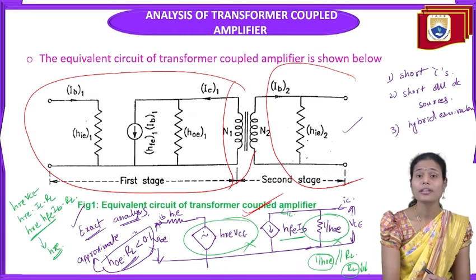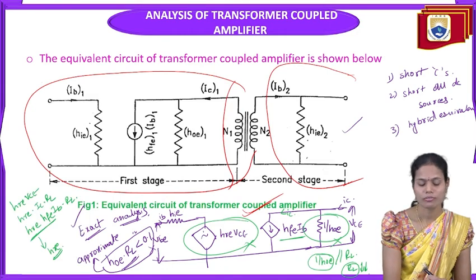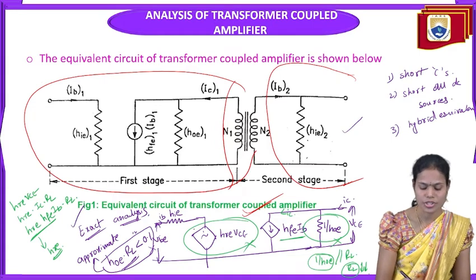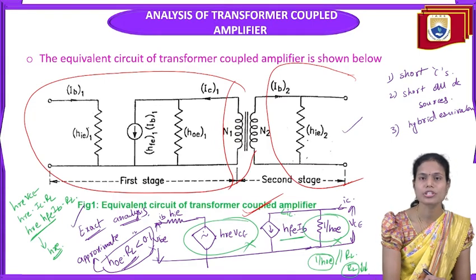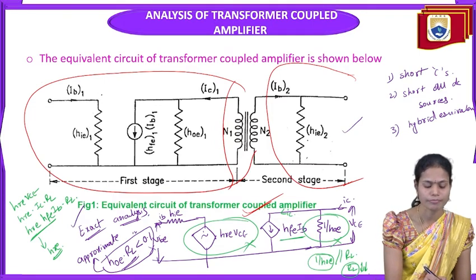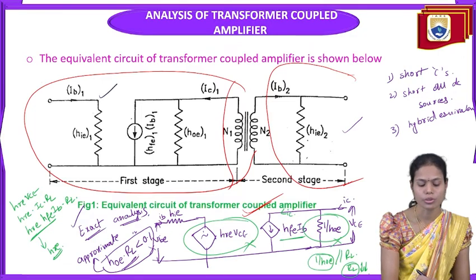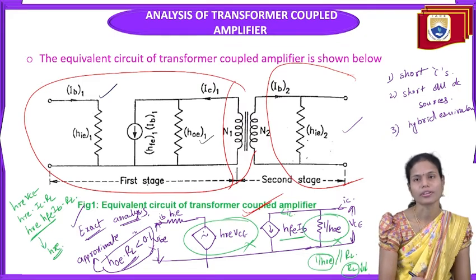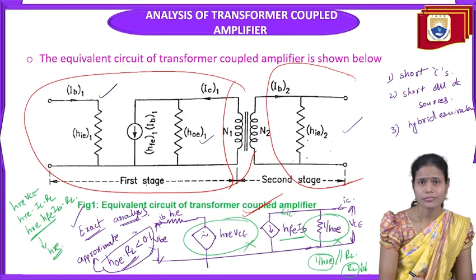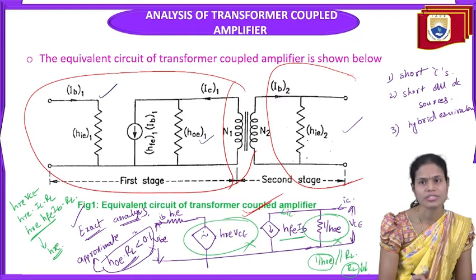So in the equivalent circuit of the transistor, I am including hie1, the first stage input impedance, and also the current source hfe1 into IB1 and hoe1 here.